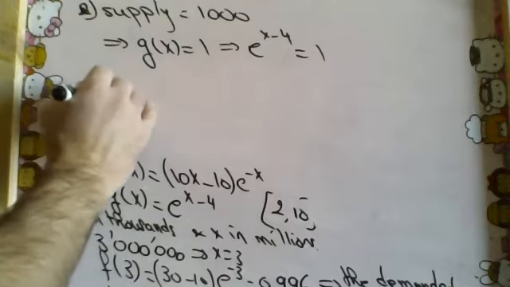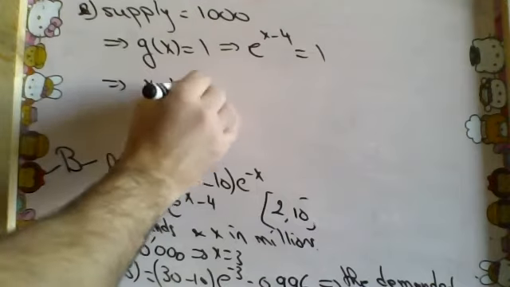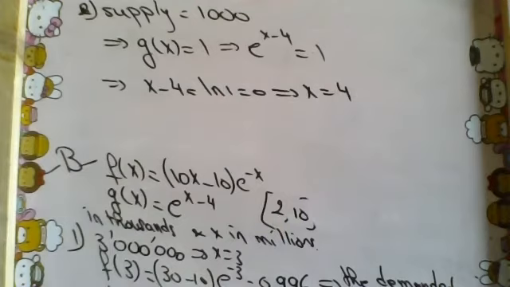It means that x minus 4 is equal to ln 1, which is 0, and then x is equal to 4.